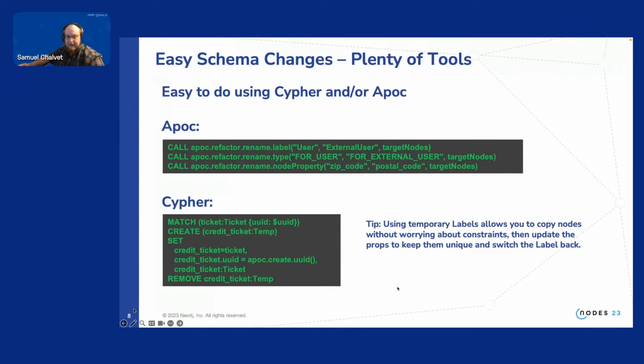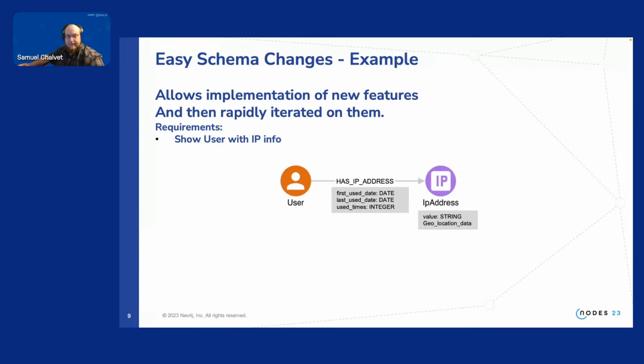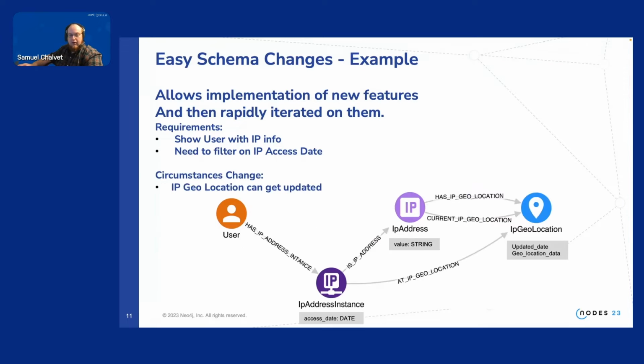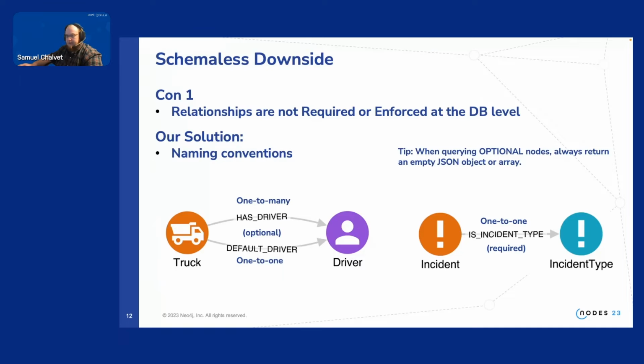So super fast inside the DB itself. So, easy schema changes. This is an example that I'm going to skip just for time's sake, but it goes over what we just talked about.